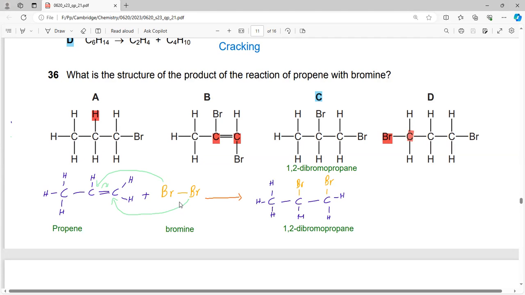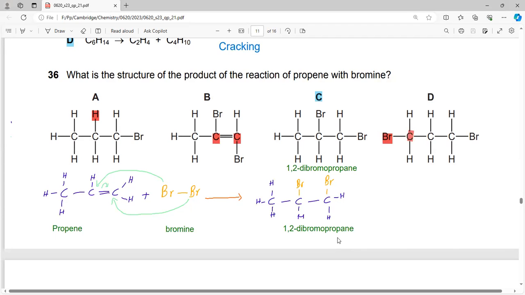When it reacts with bromine, 1 bromine will attach to a carbon, and the double bond will split into a single bond, and the first carbon will get a radical. In this way, it will take on the remaining bromine, and that will bind with the 2nd carbon. So in this way, carbon number 1 and 2 both will add the bromine.